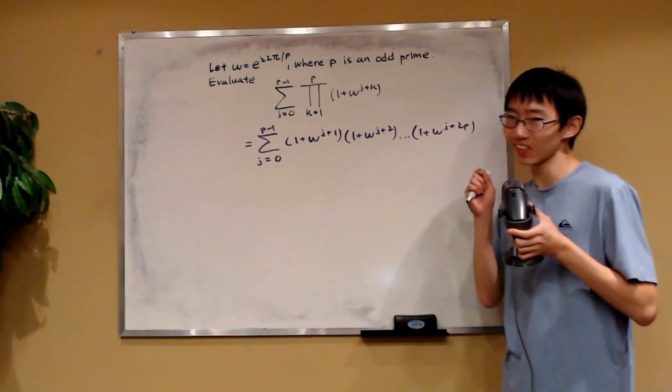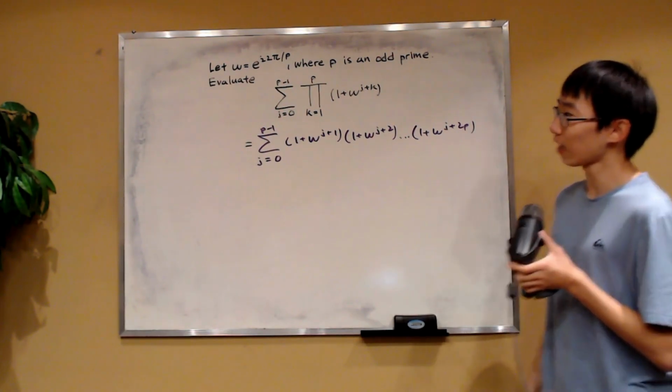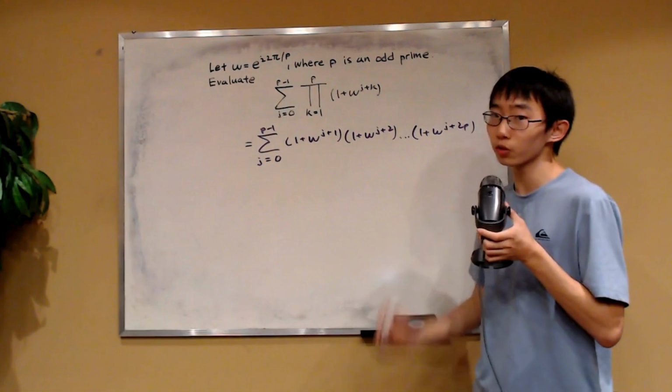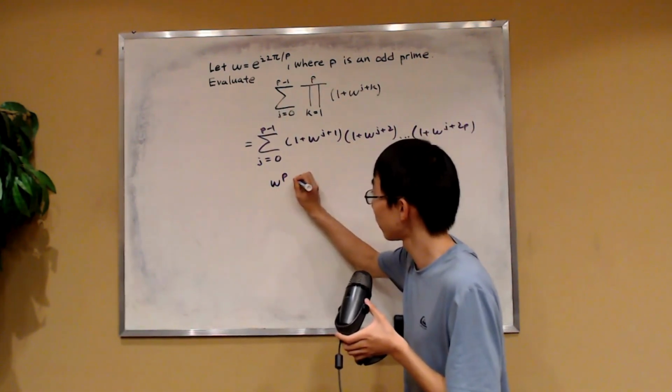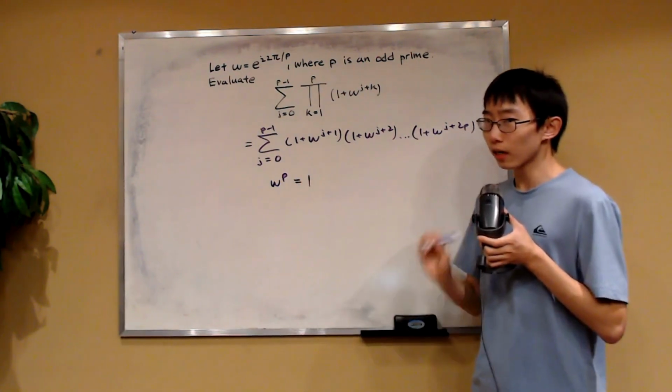Well, consider this. Notice that omega is a pth root of unity, which means that if you raise omega to the power of p, you get 1. Now, observe this.